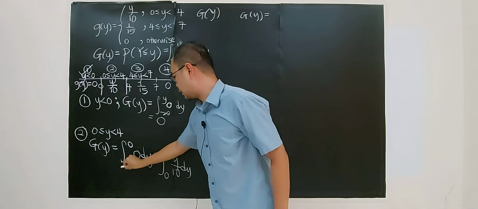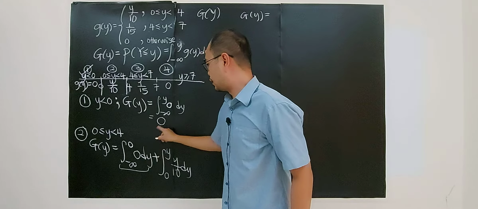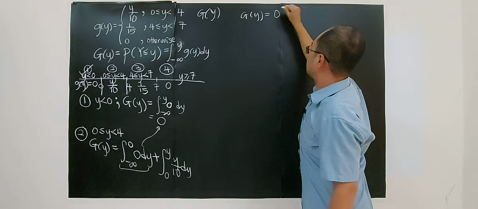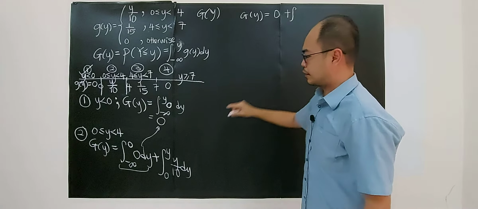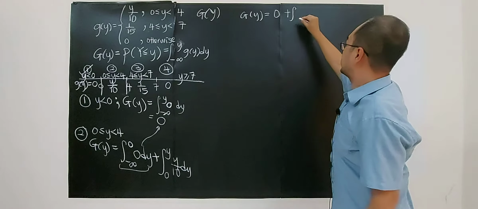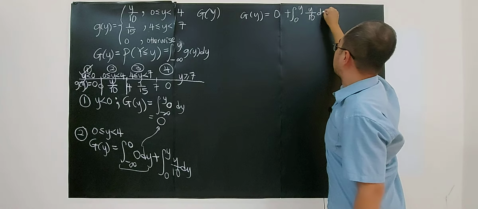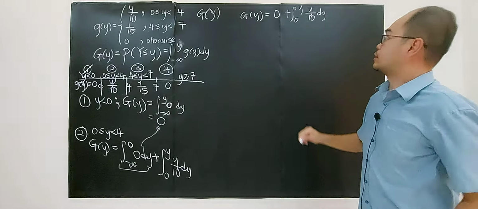If you look at this, this is the one before, right? Before, you can take the value here, 0. So you just put a 0, then plus the current one, integral from 0 to y of y over 10 dy.